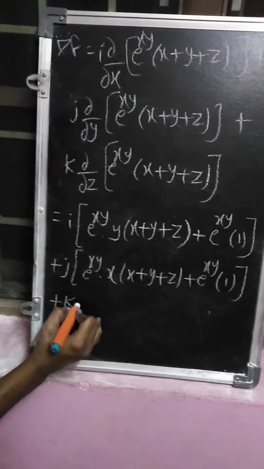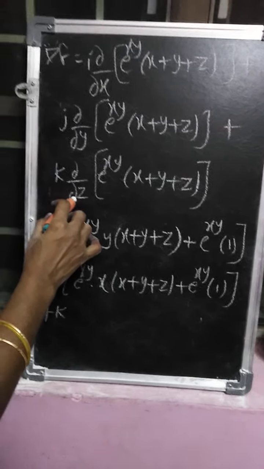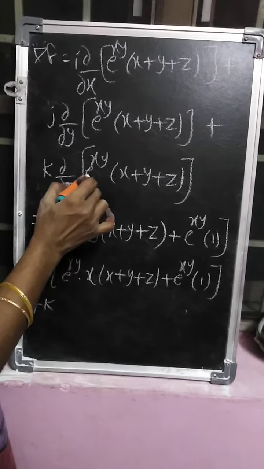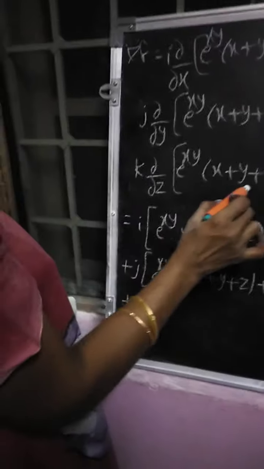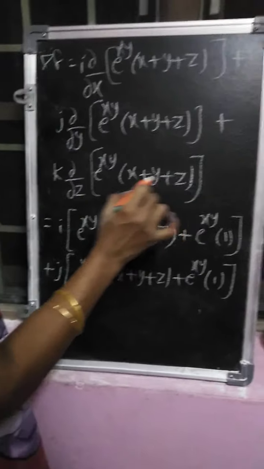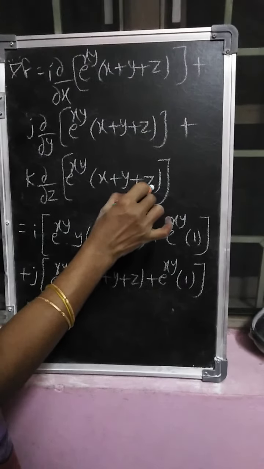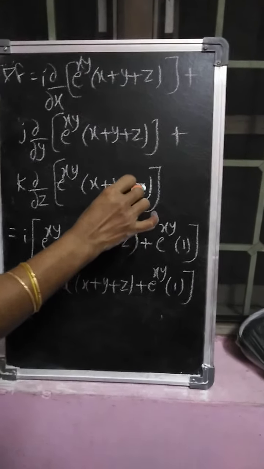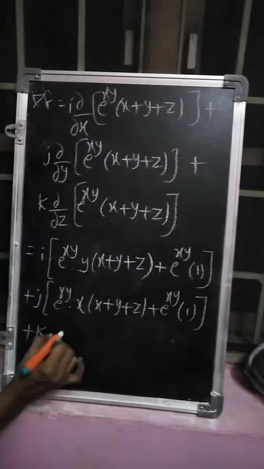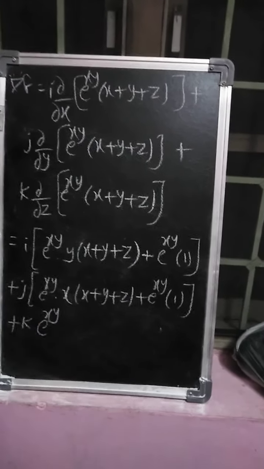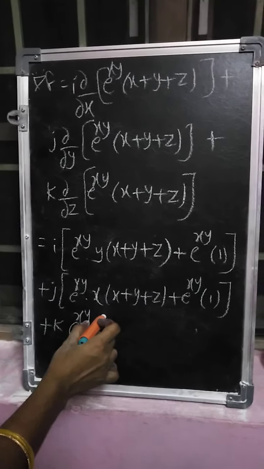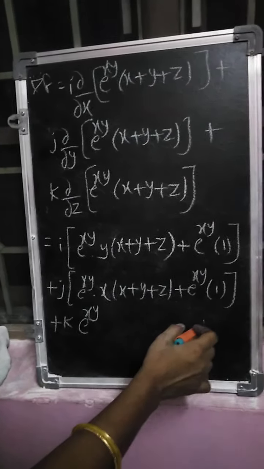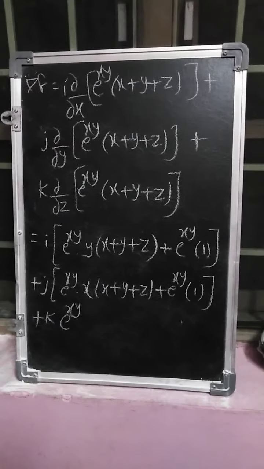Plus k into e power xy, here z is not there in the exponent, so in x plus y plus z, z is there: this is 0 and this is 1, so e power xy into 1. Then we substitute at the point (2, 1, 1). So grad f.